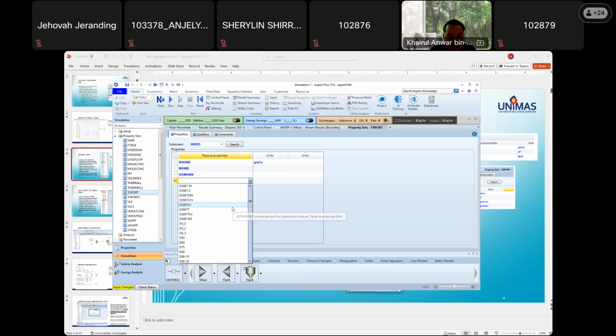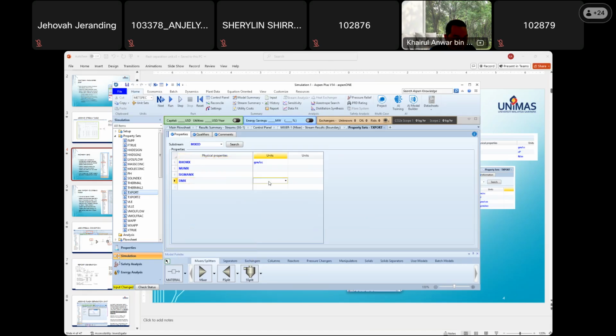The mu mx unit is cP. Sigma is dyne per cm. This is 20 centimeter per second.